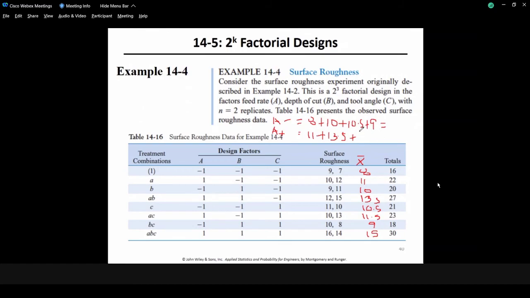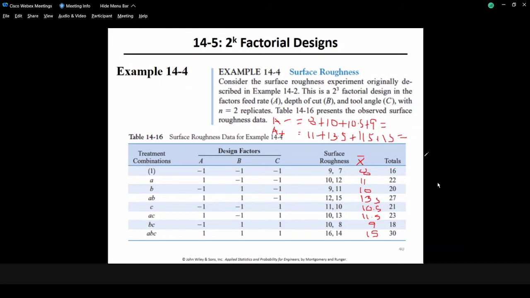Okay, 11.5 plus 15. Okay, calculate again. Why is there a difference?